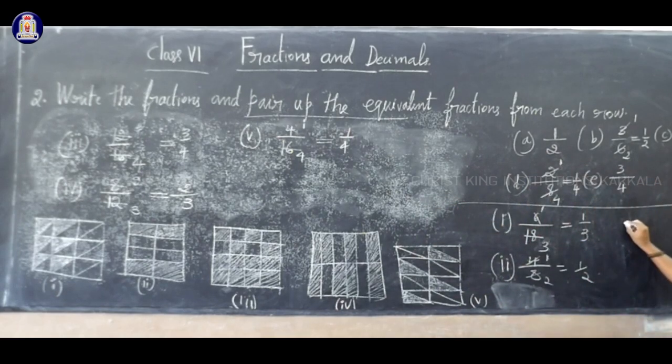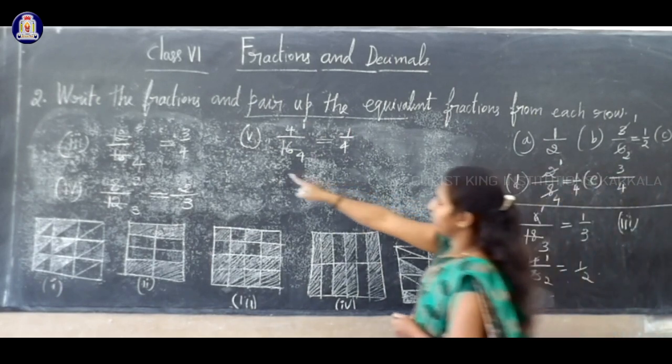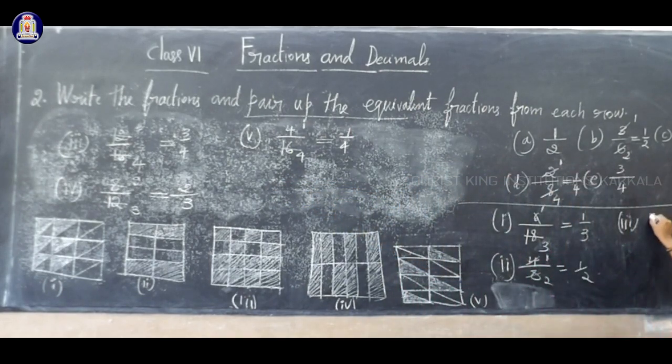Third one, after simplifying we got 3 by 4. And fourth one is 2 by 3. And fifth one is 1 by 4. Now see, first row fractions are this and second row fractions are this.